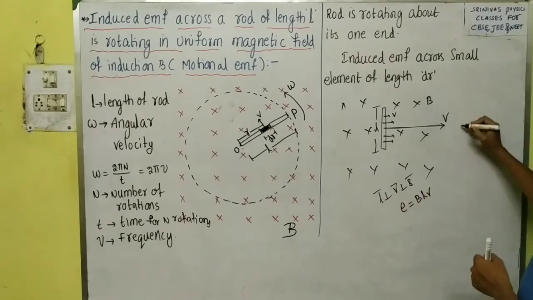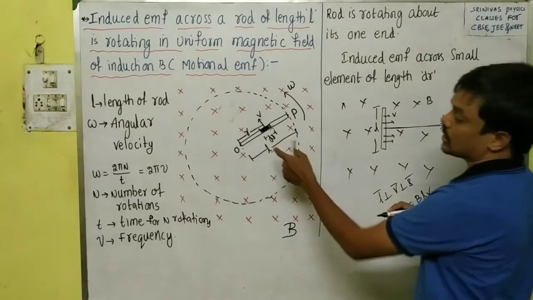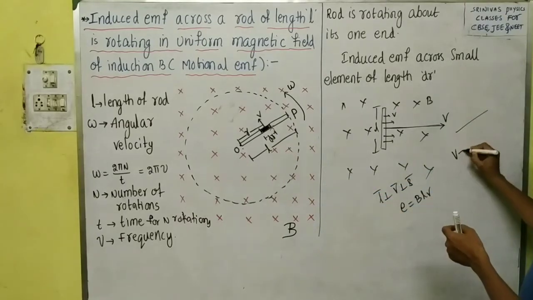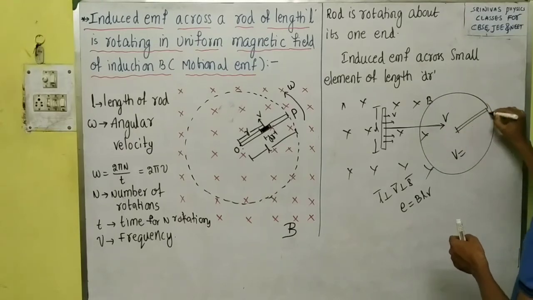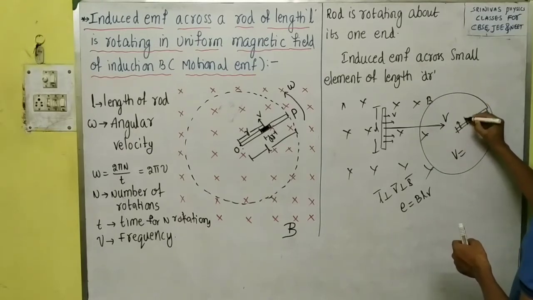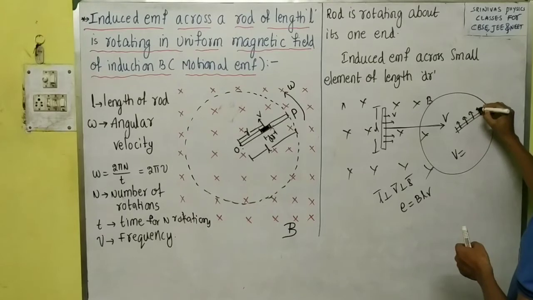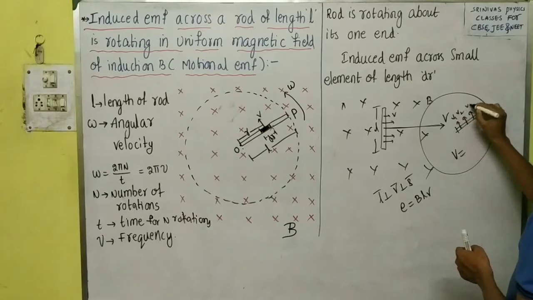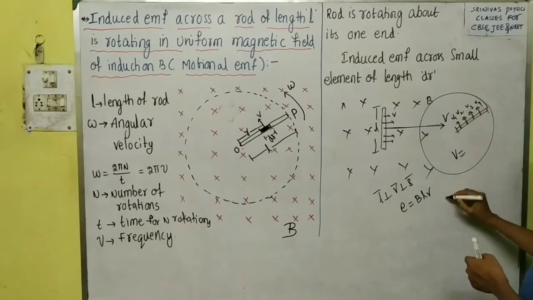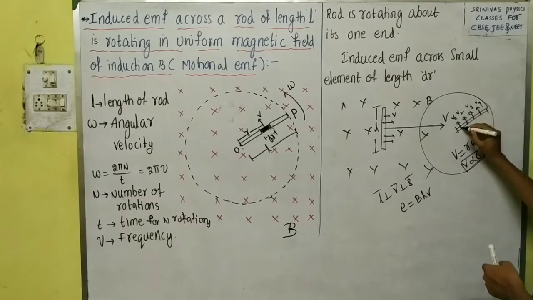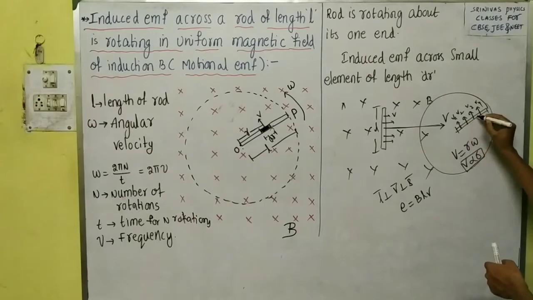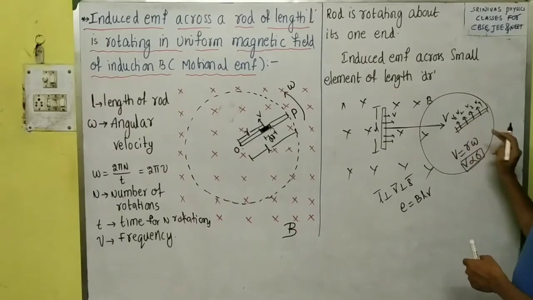But in the rotation of the rod, the different points do not have the same velocity. They have v1, v2, v3, v4, because v is equal to r omega, so v is proportional to r. That means the linear velocity of the rotating rod is different at different points.